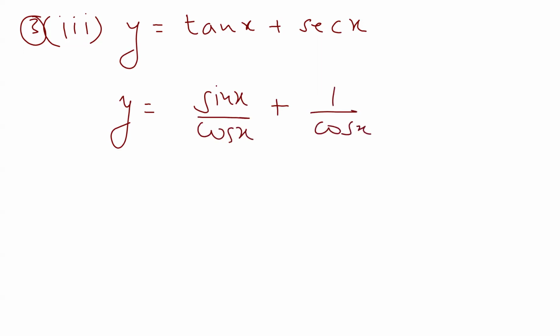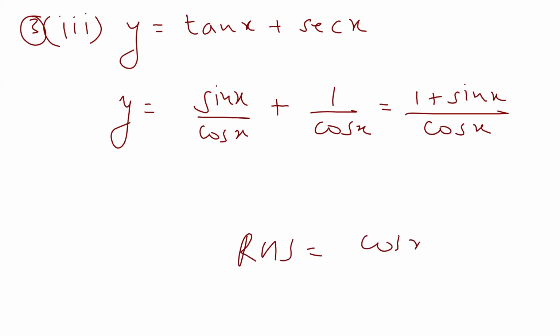So this is sin x upon cos x. So this can be written as (1 plus sin x) upon cos x. Now in the proof, if you take a look, the RHS is cos x upon (1 minus sin x) the whole square.